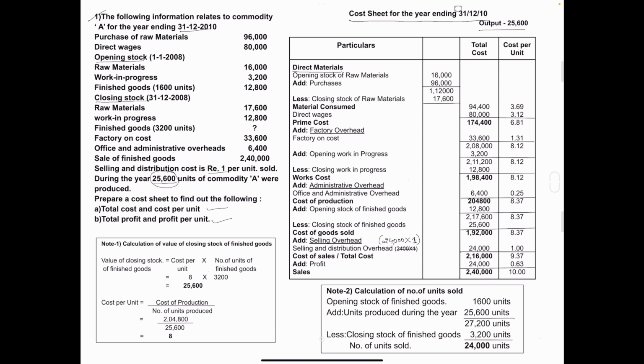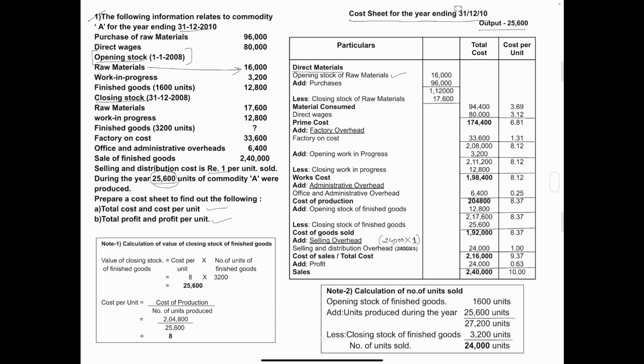Okay, so first we have to take opening stock of raw material. See, opening balance they have given, opening stock on 1/1/2008. So opening stock of raw material is 16,000. Add purchases.